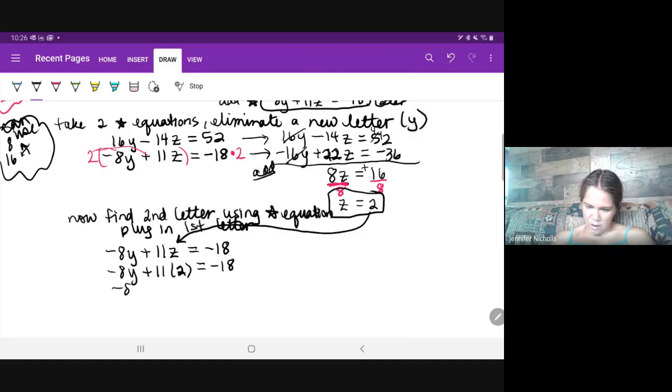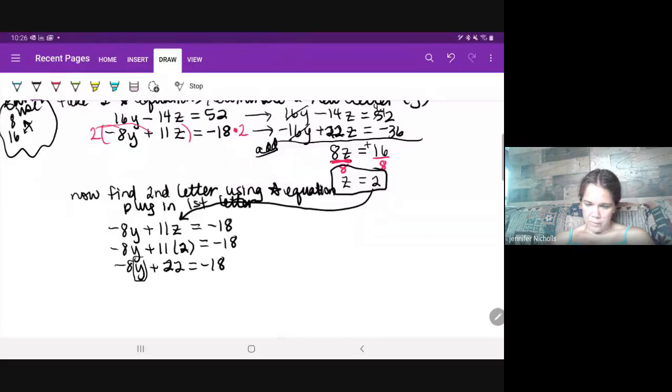Okay, negative 8y plus 22 equals negative 18. Then what? Okay, I agree. And be real careful, you guys, with the signs. Because if you make one mistake with your signs, you get fractions.